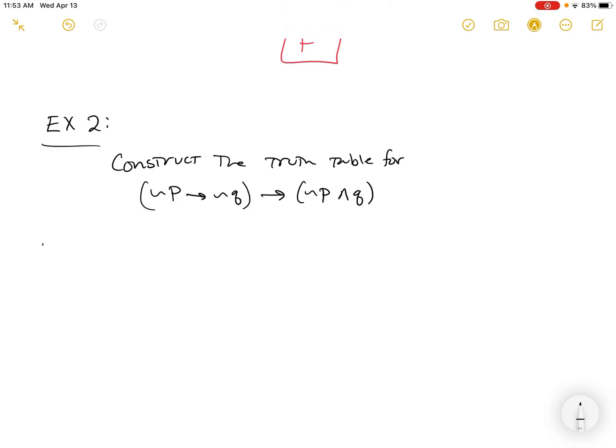And so we know how that's done. We have the P and the Q needed there. And so we know to let P be true, true, and then false, false. Q go true, false, right? That way we get every combination. So that's our basis.